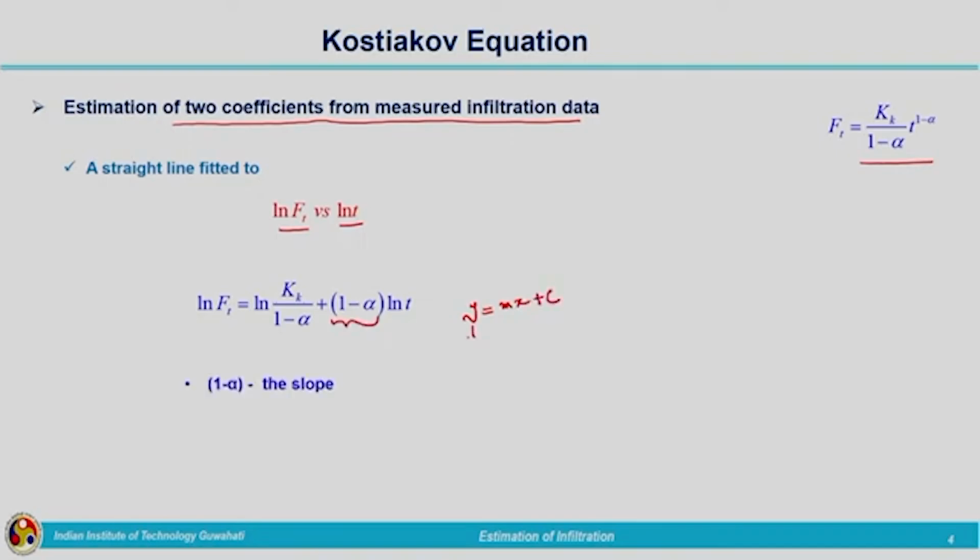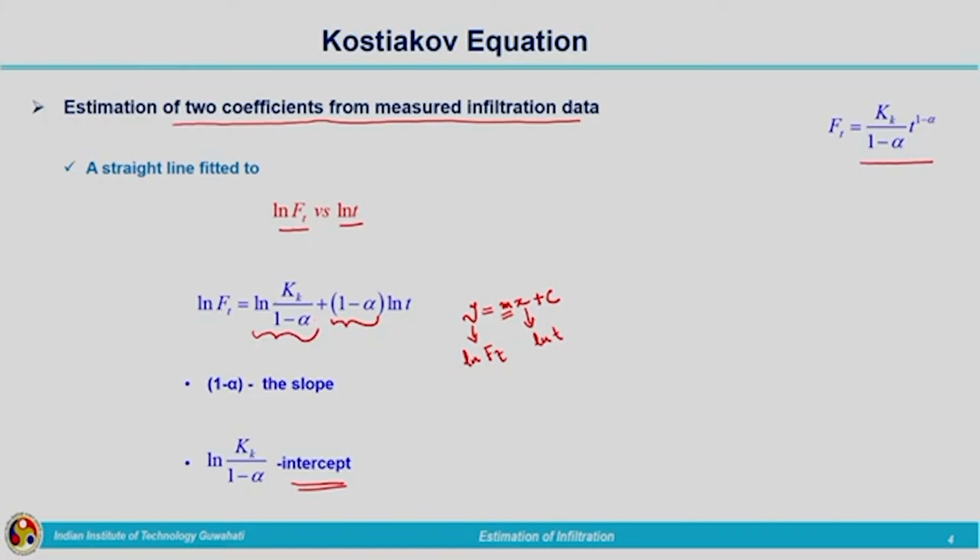Here y is ln F of t and x is ln t. So, m, the slope, is 1 minus alpha, and c, the intercept, is represented by the term ln of Kk divided by 1 minus alpha.